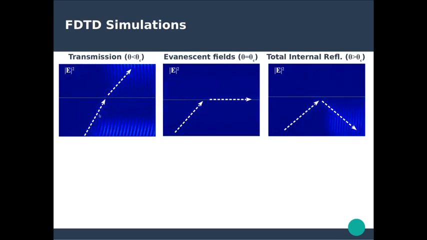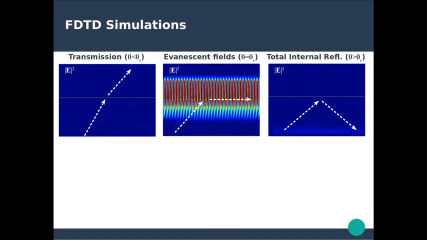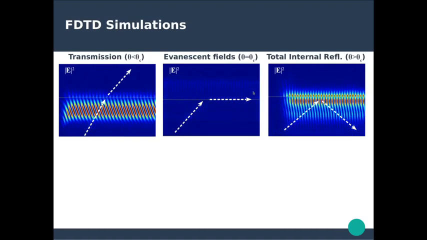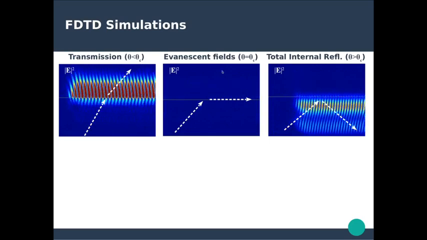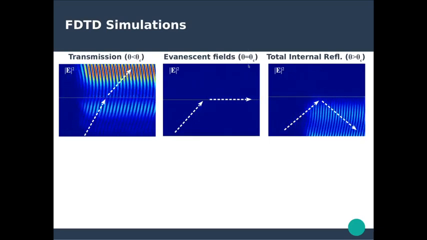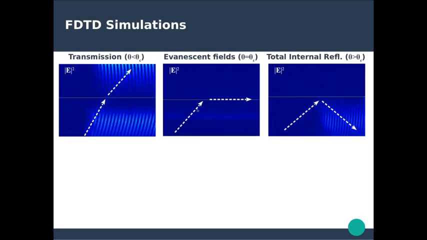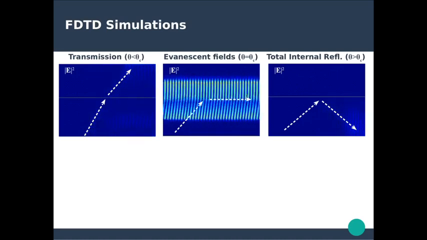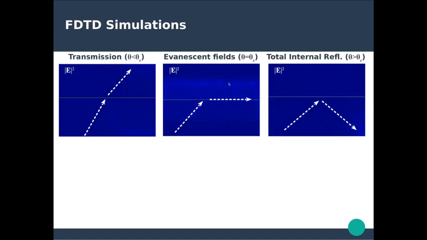This is a plane wave, an incoming plane wave being transmitted because the angle of incidence is below the critical angle. Here we have the formation of those evanescent waves. So you see that this evanescent wave stays at the surface because we arrive with an angle of incidence which is the critical angle of 42 degrees in this particular case. And those evanescent waves stay and decay exponentially.